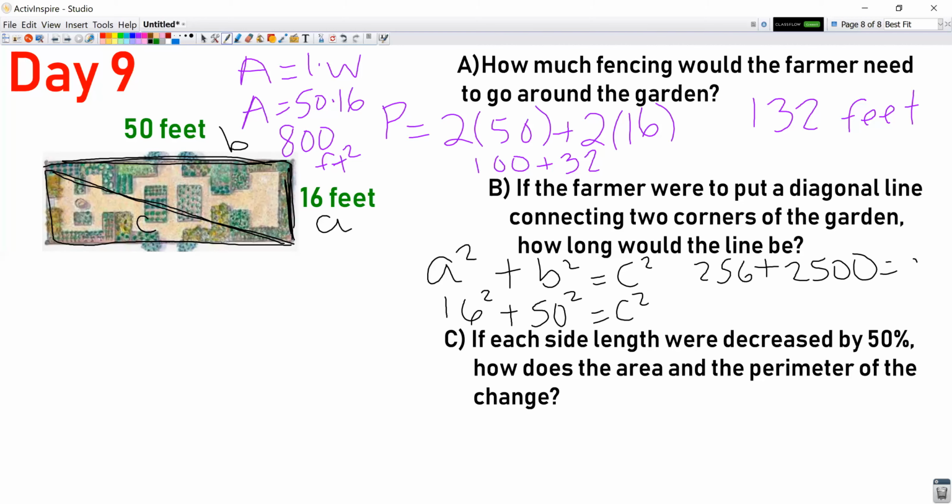So when I do that, I get 52.49. And I'm going to go ahead and round to the nearest tenths place. So the 9 is going to make the 4 round up to 52.5 feet. So he's going to need a cable that's 52.5 feet.